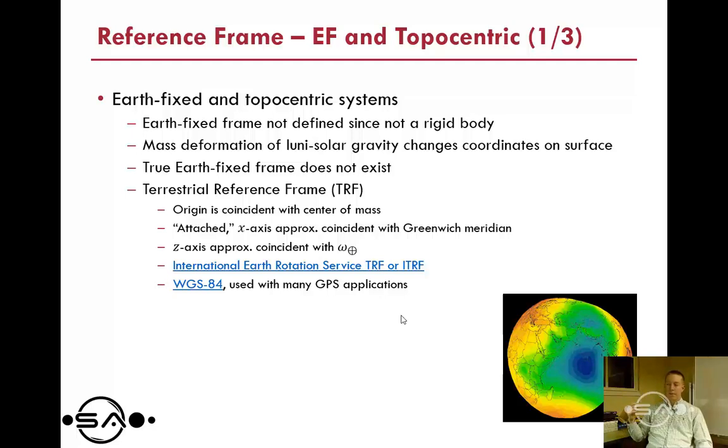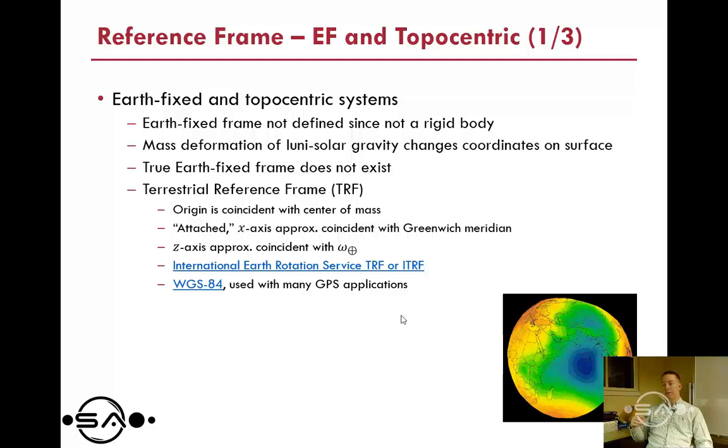So it's not a sole rigid body. That mass deformation will physically change coordinates on the surface. It's not a sphere. The Earth is lumpy. So a true Earth-fixed frame based solely on the body doesn't exist.